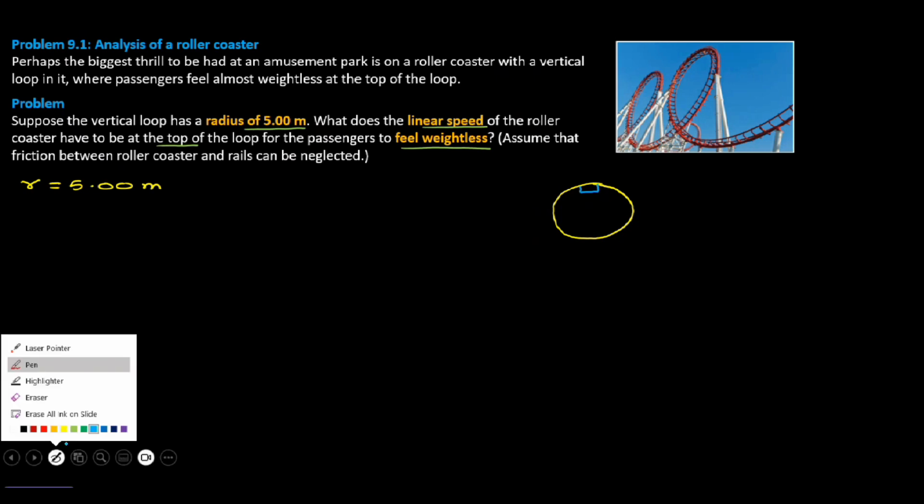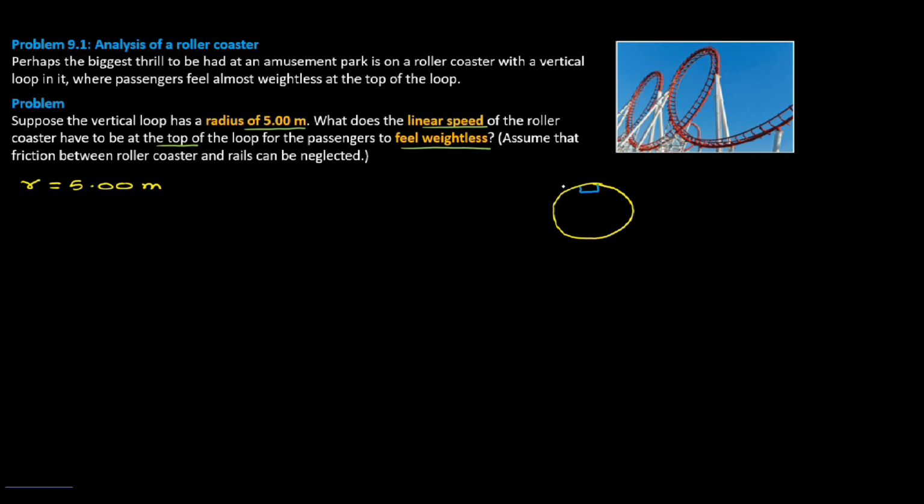So let's draw the free body diagram. The first force that we will draw is the force due to gravity, which always acts vertically down. I will call this Fg. And since the passengers are on a seat, the seat will exert a normal force perpendicular to the surface on the passenger.